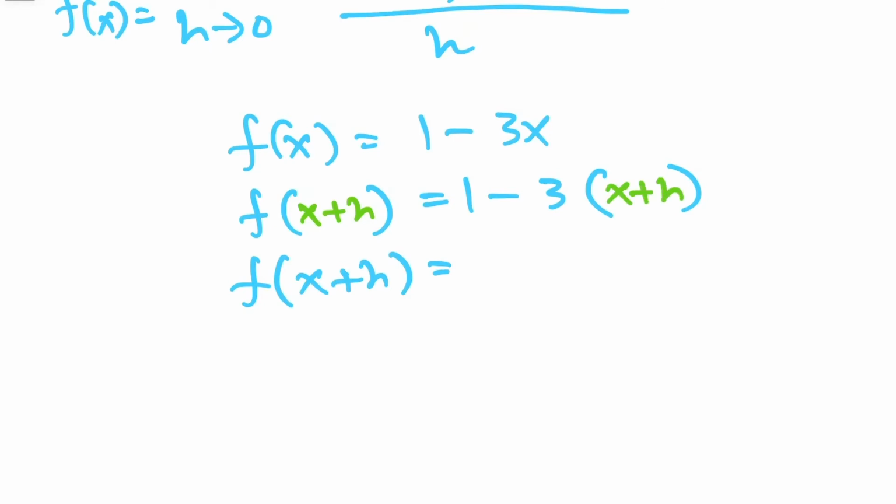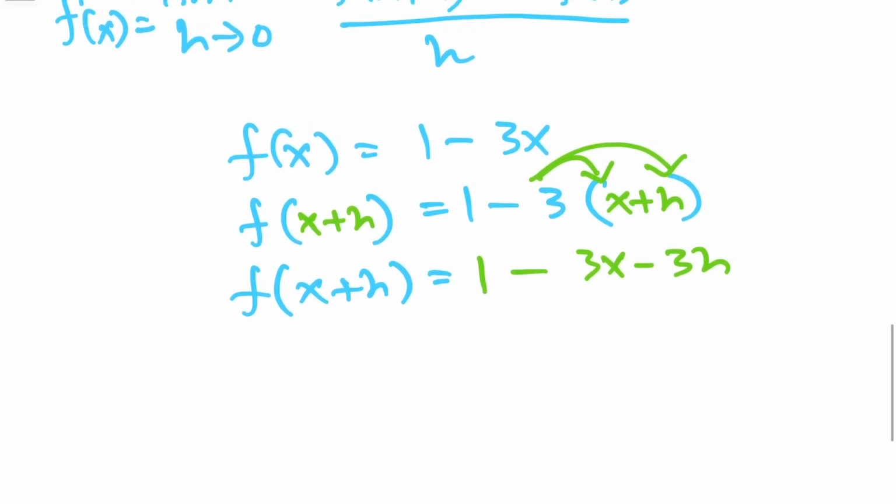You should always use parentheses because it's going to help you avoid any silly mistakes. Okay, so let's simplify this. We are not going to subtract 1 minus 3. You know why? Because of PEMDAS. So we have to take care of the parentheses first. 1 minus 3x minus 3h. So minus 3 times x is equal to minus 3x, minus 3 times h is equal to minus 3h.